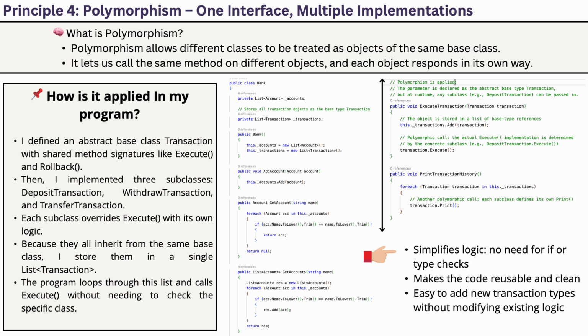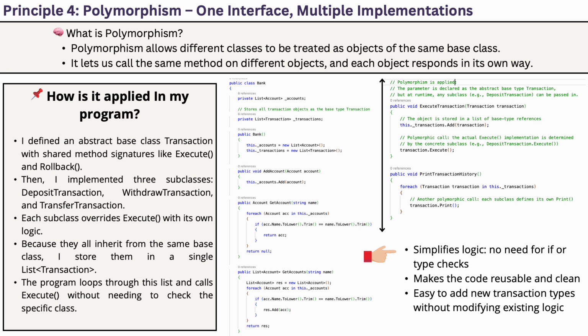So now let's talk about the final principle, polymorphism. Polymorphism means many forms. In programming, it allows us to use the same command like execute on different kinds of objects, and each one will behave in its own way. In my system, I created three types of transaction: deposit, withdraw, and transfer. Even though these are different, they all inherit from a shared class called transaction. Because of this, I can store all of them in one single list, a List of Transaction.